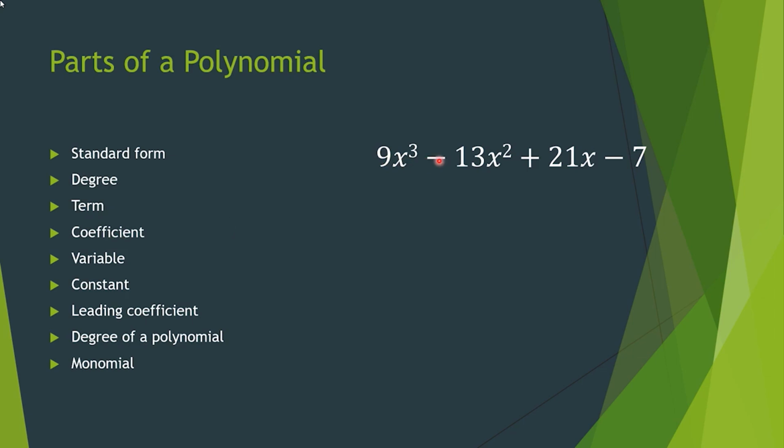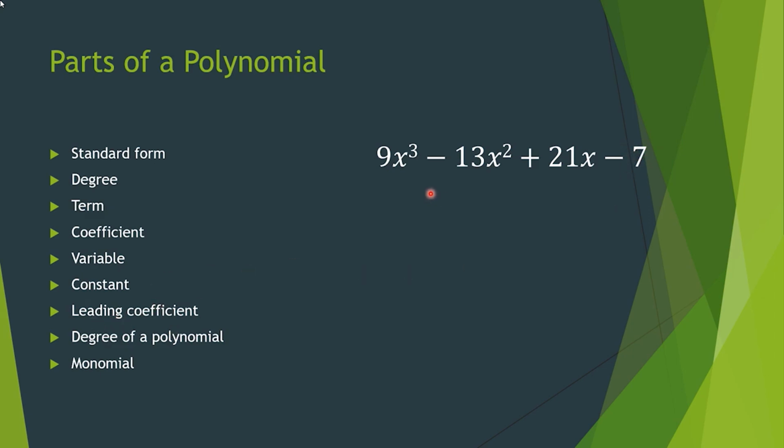Coefficient is the numbers in front of the variables. Variable would be x. Constant, going through these rather quickly, constant would be what doesn't have a variable. So here negative 7 would be the constant.